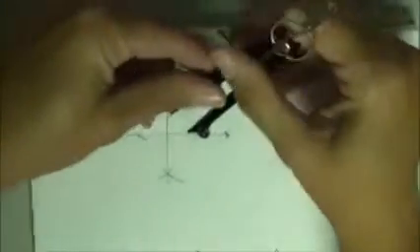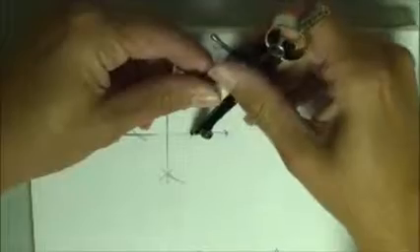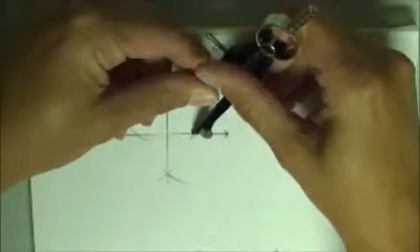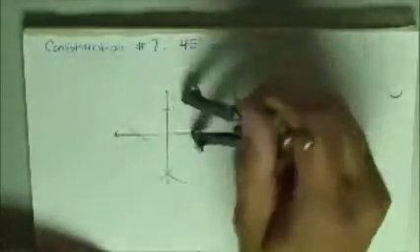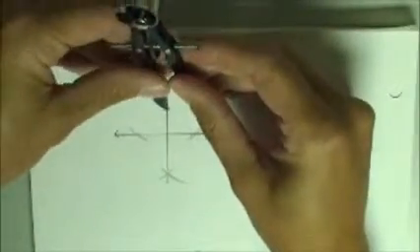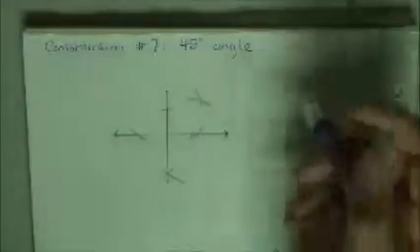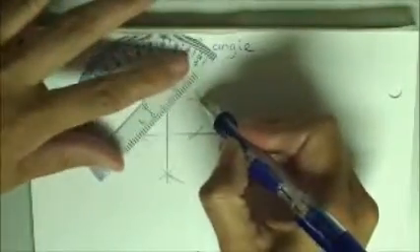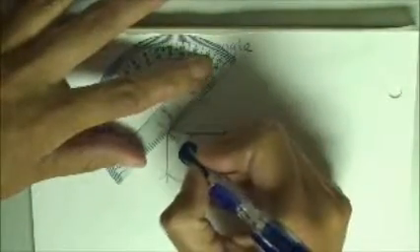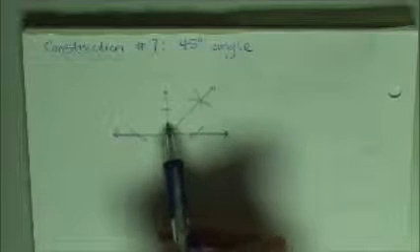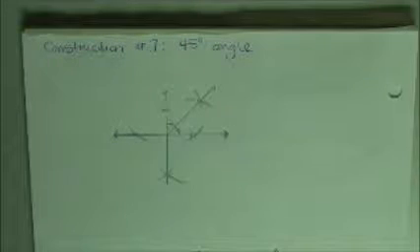Then I'm going to measure between there with my compass, from there to there, and then change my pivot. This is hard to do without moving your paper, just saying. Now I've got my straight edge. Now if I measure, this angle and this angle should be congruent, and they should both be 45.